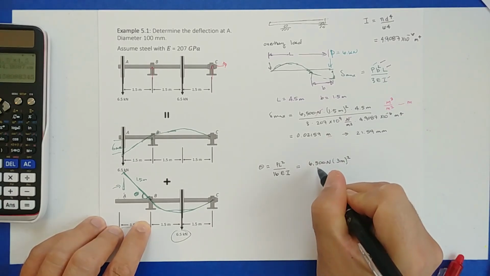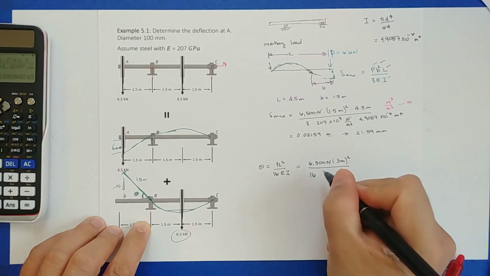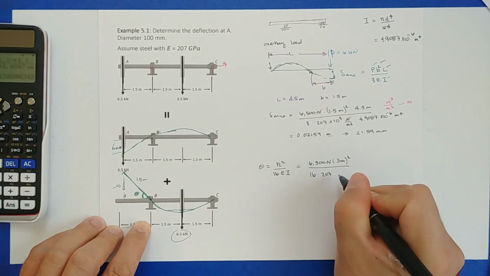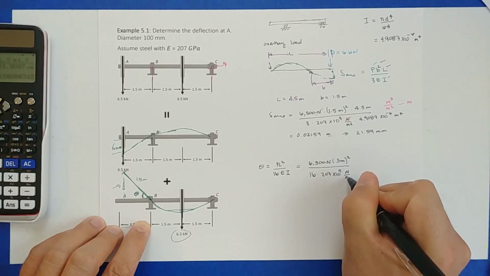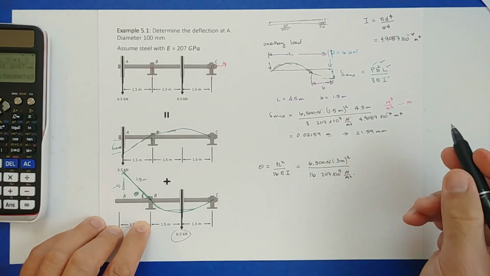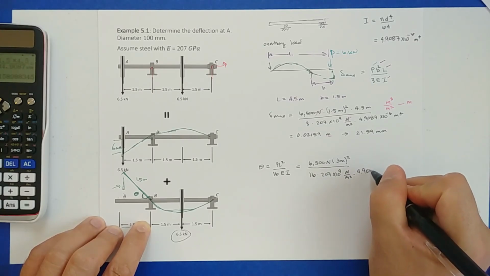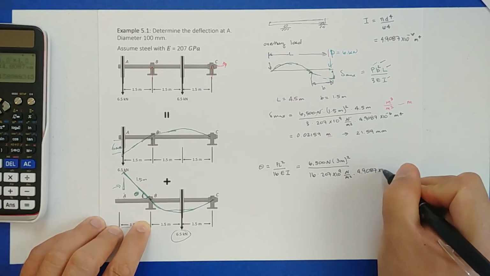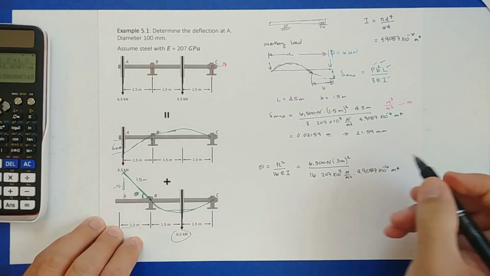This is going to get squared divided by 16 times 207 giga, or times 10 to the 9 Newton per meter squared, times I, which was 4.9087 times 10 to the minus 6 meters to the fourth.